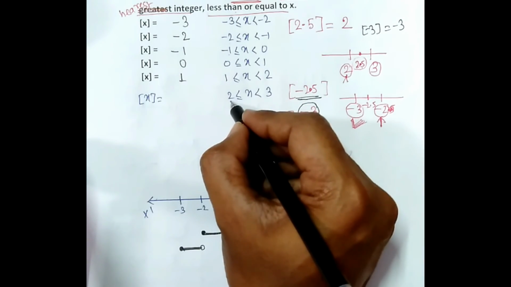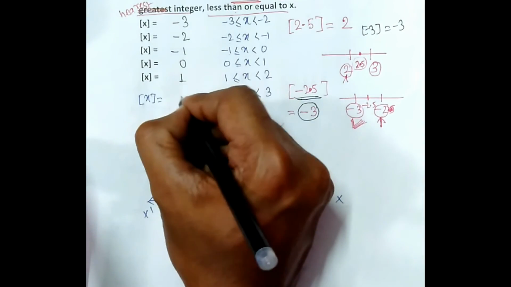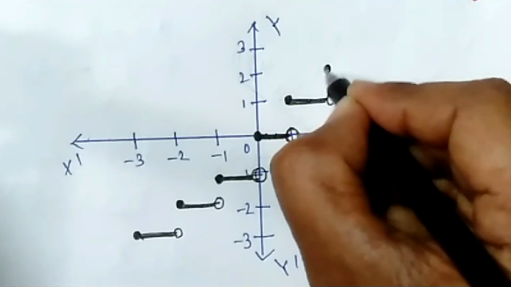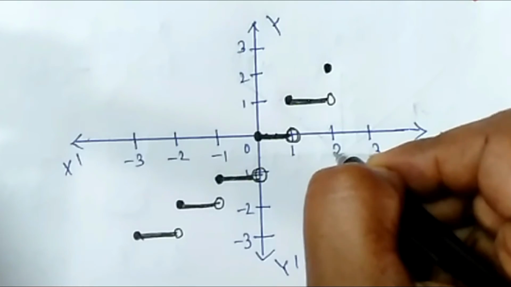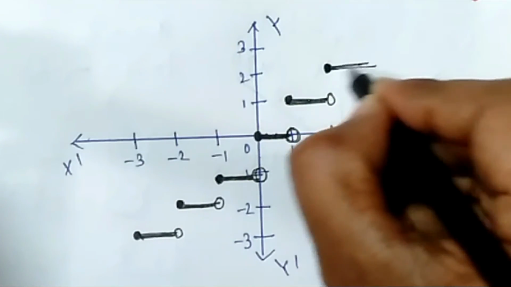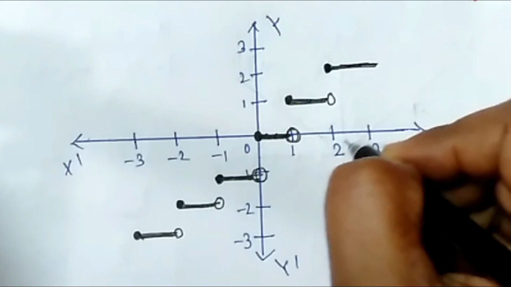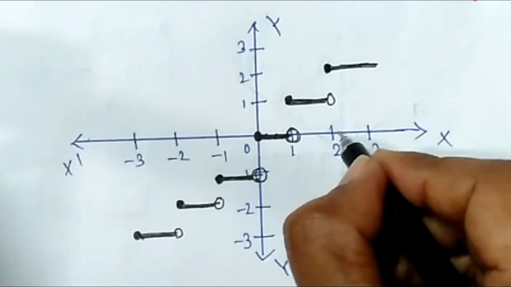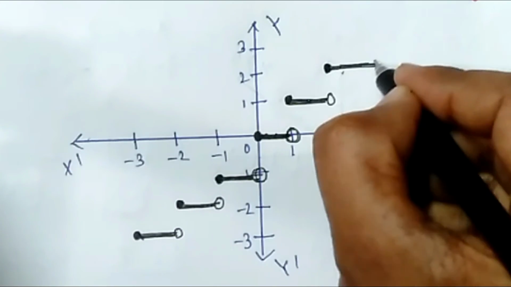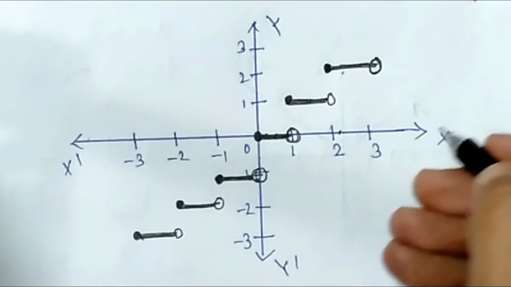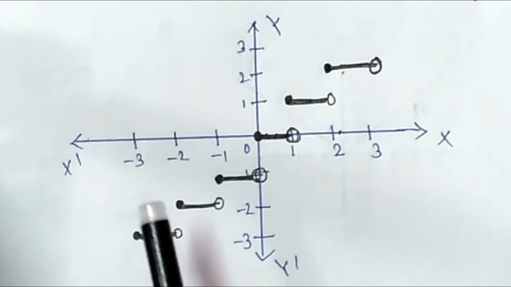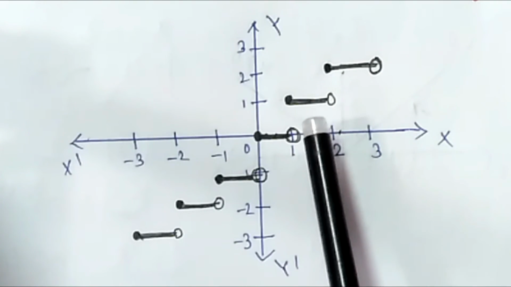Similarly, for the range 2 less than or equal to x less than 3, the value will be 2. So for 2 the value will be 2. The point 2 is included, and for all the fractions in between 2 and 3, all the values will map to 2, right? But excluding the point 3. So look, this is the graph of the box function.